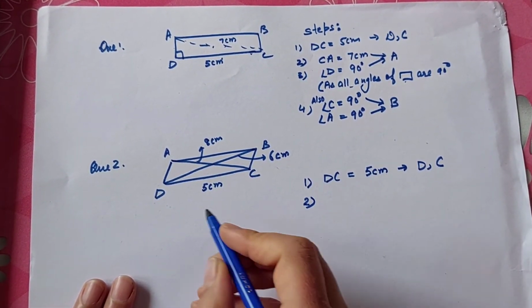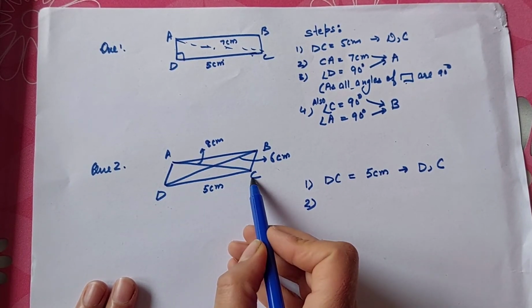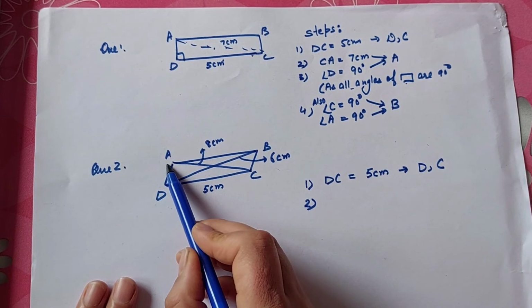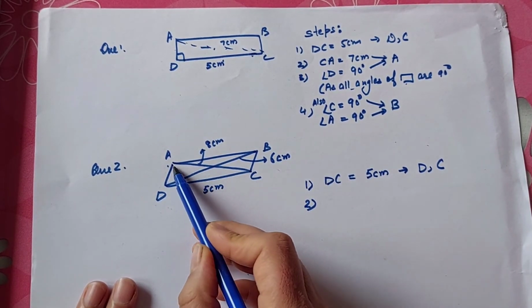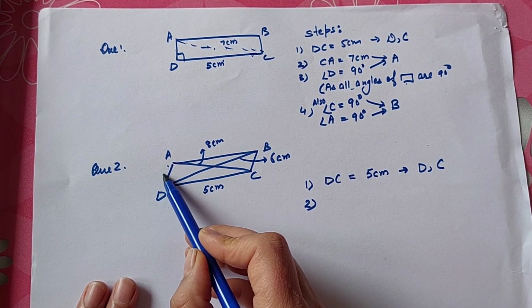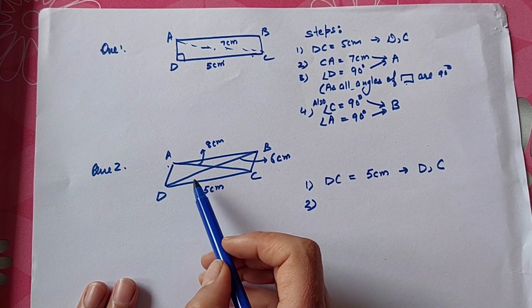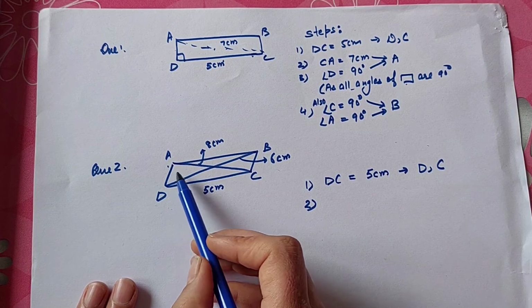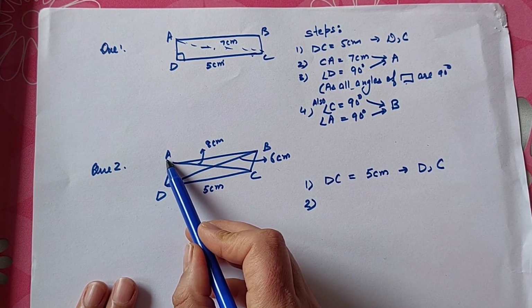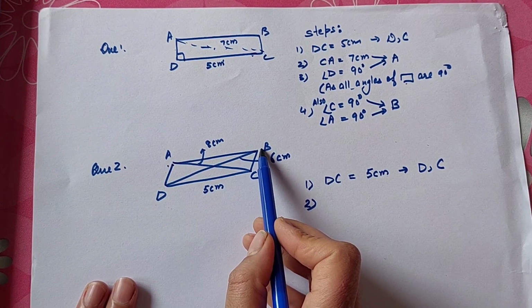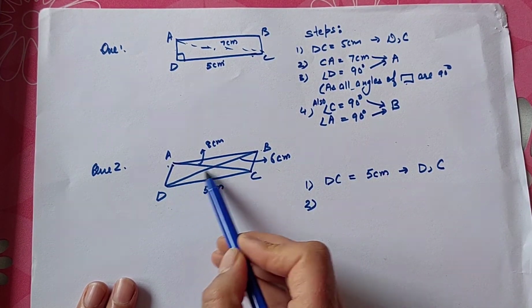Now we have got two vertices and we want A and B. To reach A we have one measure, we do not have a second measure, neither do we know the angle, and now the angles are equal to 90 degrees. We do not have any second measure to reach A. Similarly, here we do not have any second measure to reach B. We just have one, DB.